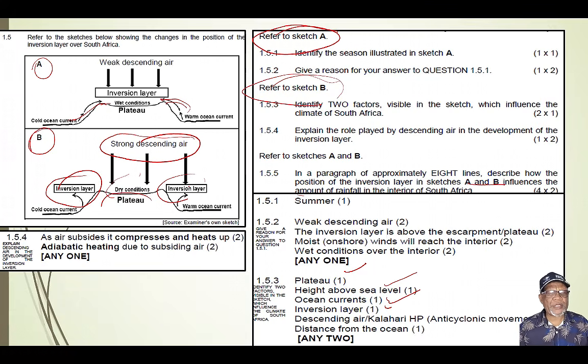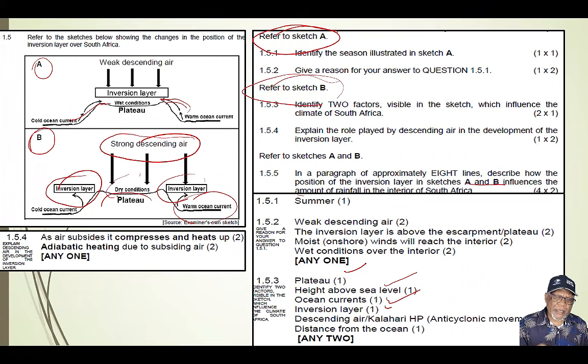And in this one, the inversion layer is below the escarpment, so it's going to limit the amount of warm and moist air. What's going to happen? The conditions are going to be dry, and with dry conditions there's no condensation, because the air is heating up as it subsides.